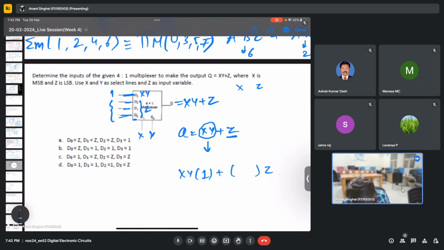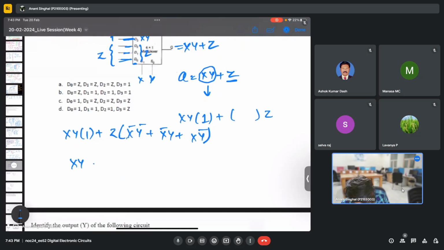So basically we will give input Z here. Since we have given 1 and a Z here, the rest of the terms are X bar Y bar plus X bar Y plus X Y bar.